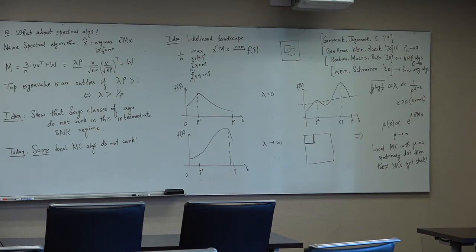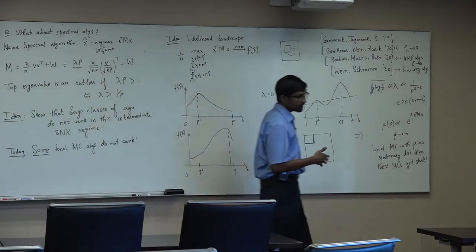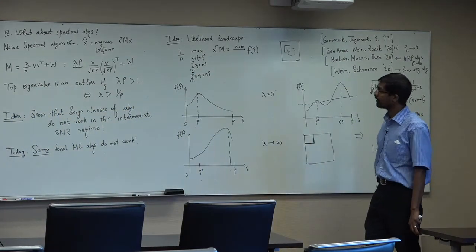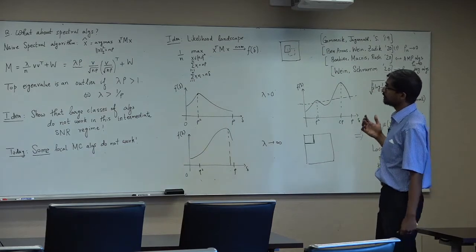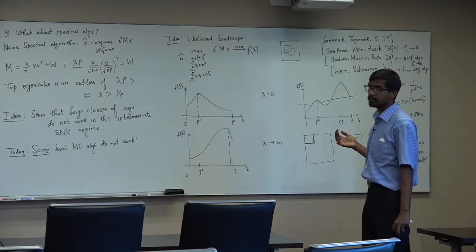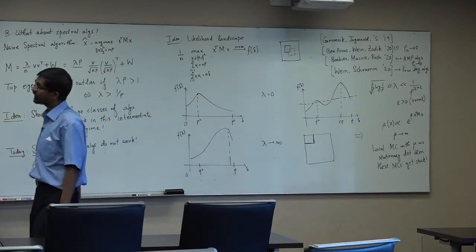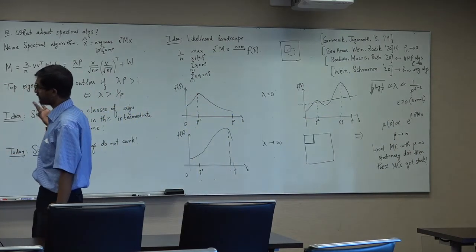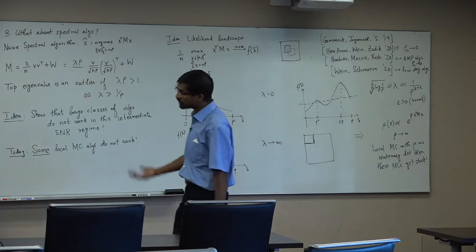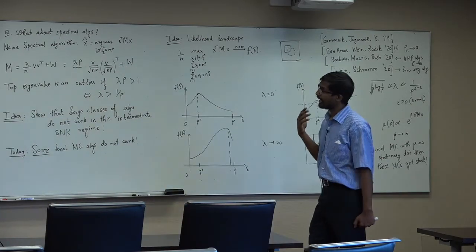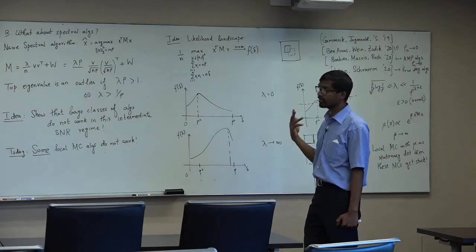Okay, so let me say a few more things here. I grounded this discussion in the setting of estimation, right? And I was showing how you would go about ruling out certain classes of algorithms in the context of estimation. There is also an analog of this question in the context of detection.